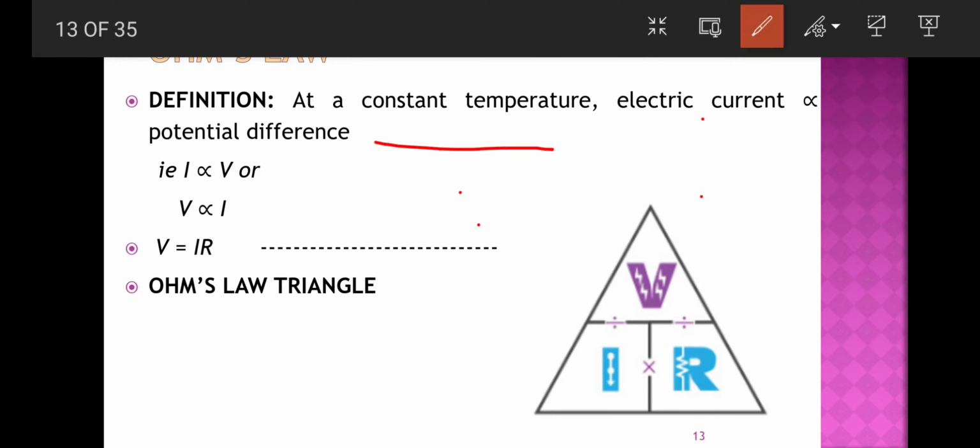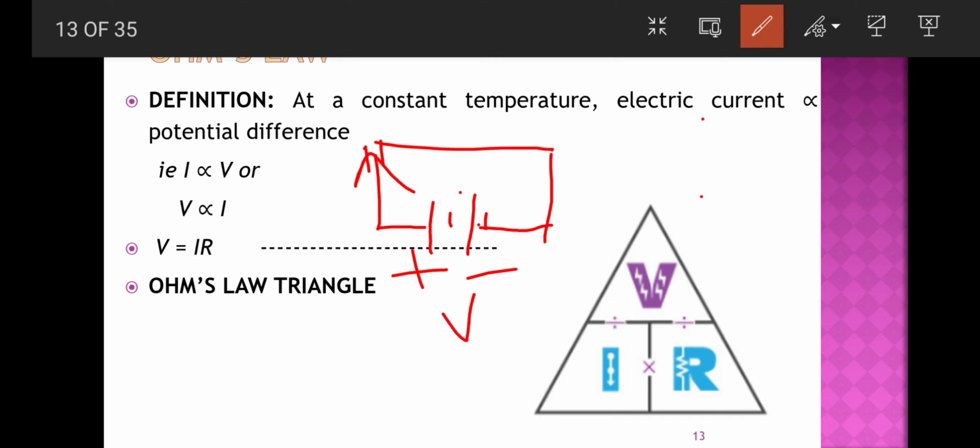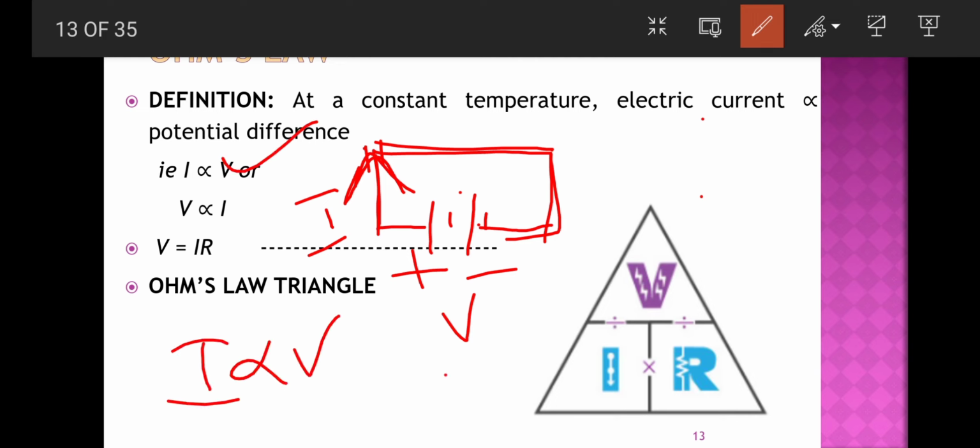We have a conductor and we apply the voltage. This is the battery, and from the positive terminal the current flows. How much current flows through the circuit depends on the voltage. So I is proportional to V, or else we can write V is proportional to I.